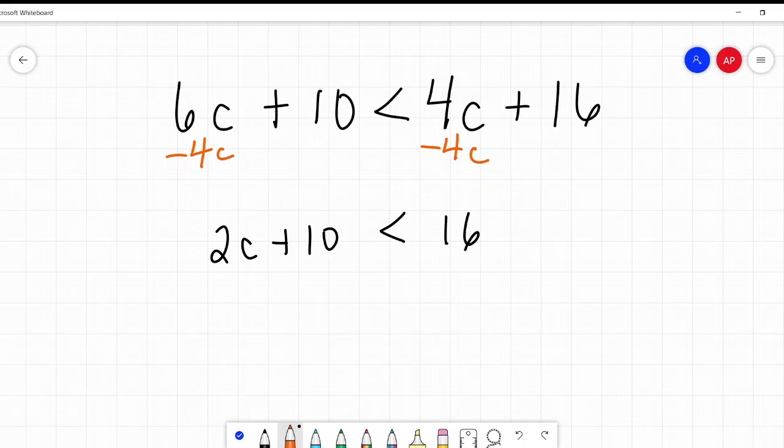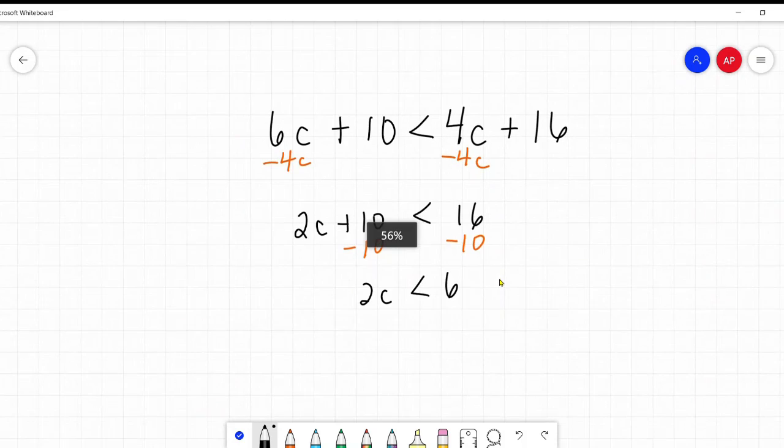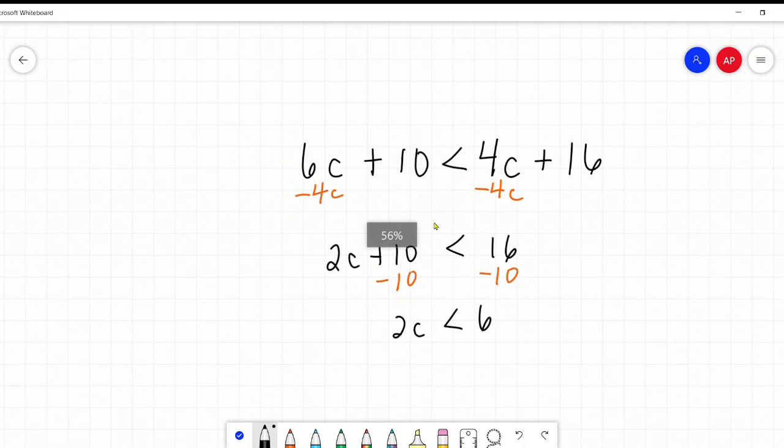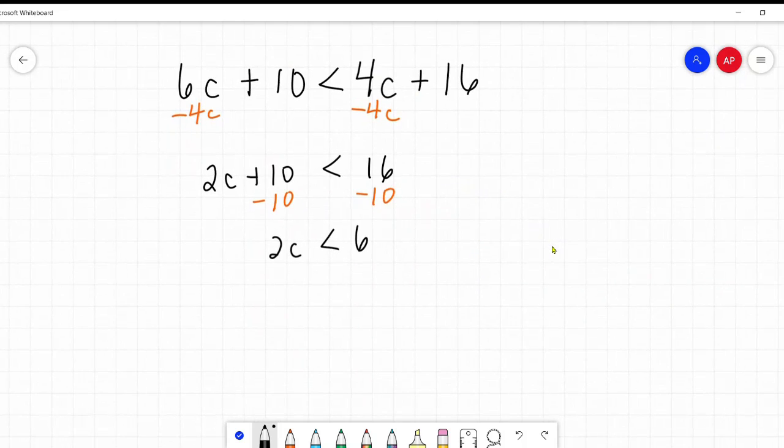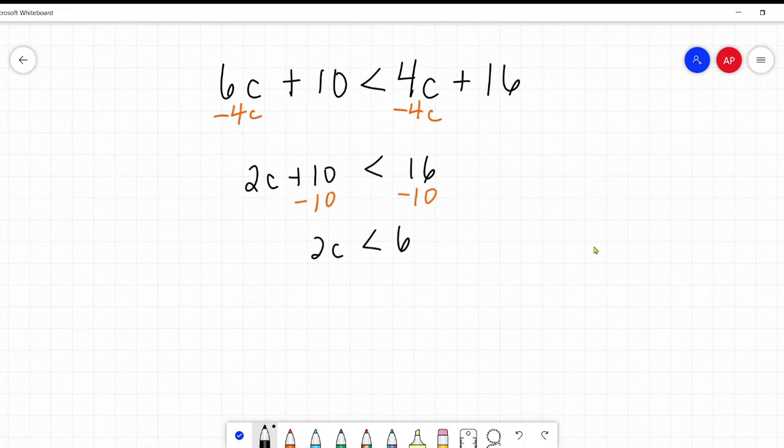I want all the numbers on the right, so I'm going to subtract 10 from both sides. 2c is less than 6. c is being multiplied by 2, so I want to undo that multiplication by dividing by 2. c is less than 6 divided by 2, which is 3.